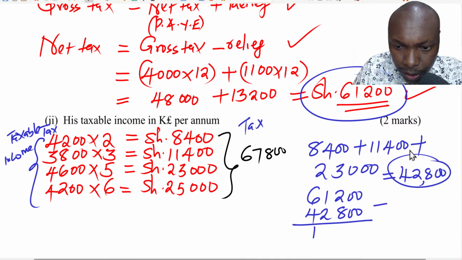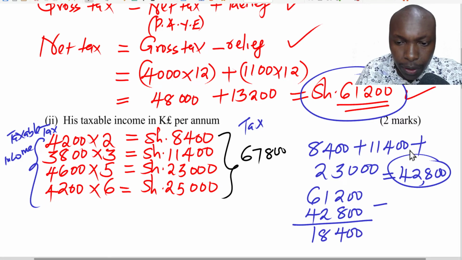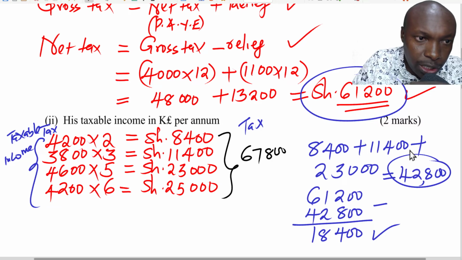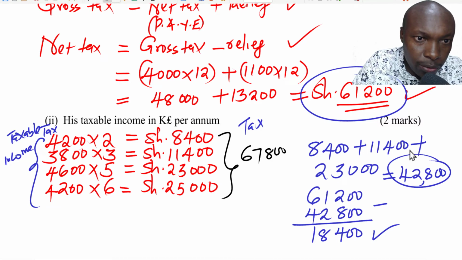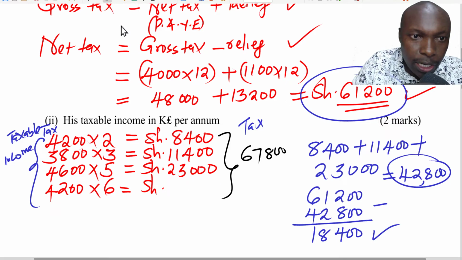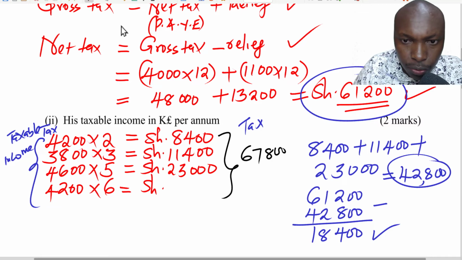We will have 18,400. 18,400 is what is going to remain. So we need to know the amount that we are going to tax in order for us to get 18,400.